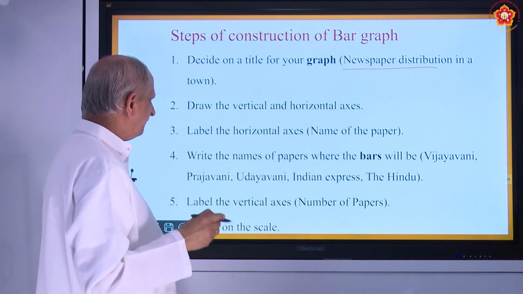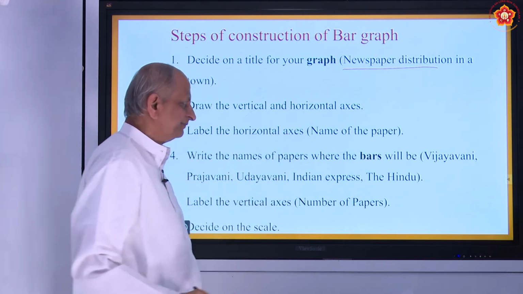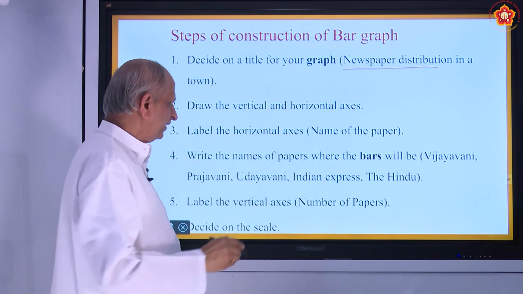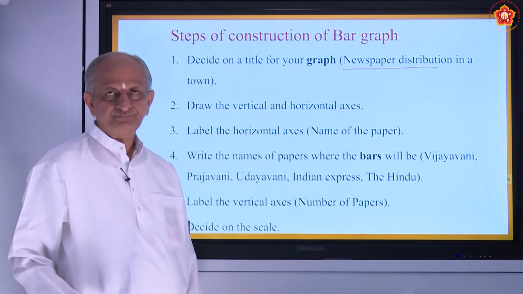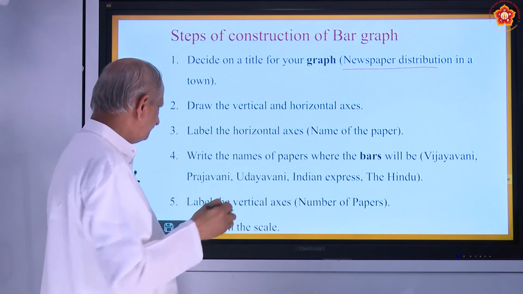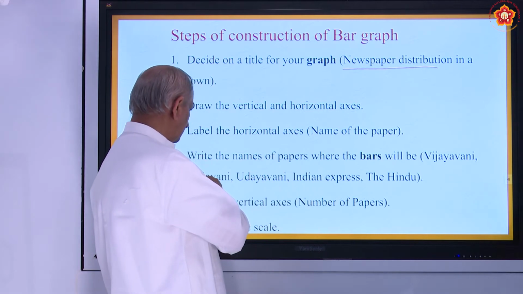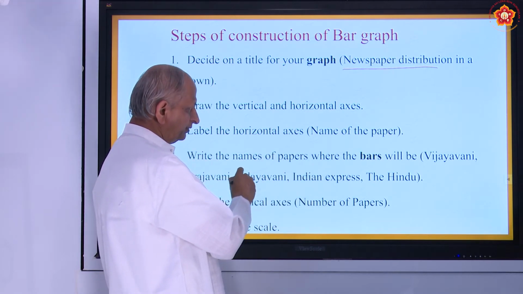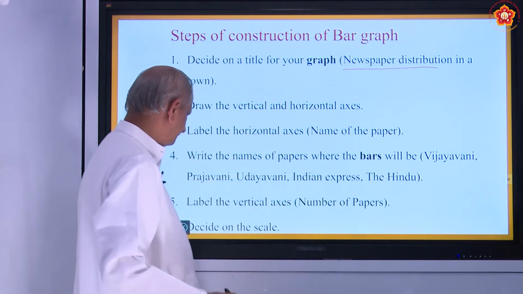They meet each other at a point called O, and label the horizontal axis. For example, the horizontal axis is labeled by the names of the papers, like Vijayavani, Udayavani, Karnaprabha, etc. And the names of papers where the bars will be, like Vijayavani, and then Prajavani, Udayavani, Indian Express, Hindu, etc.